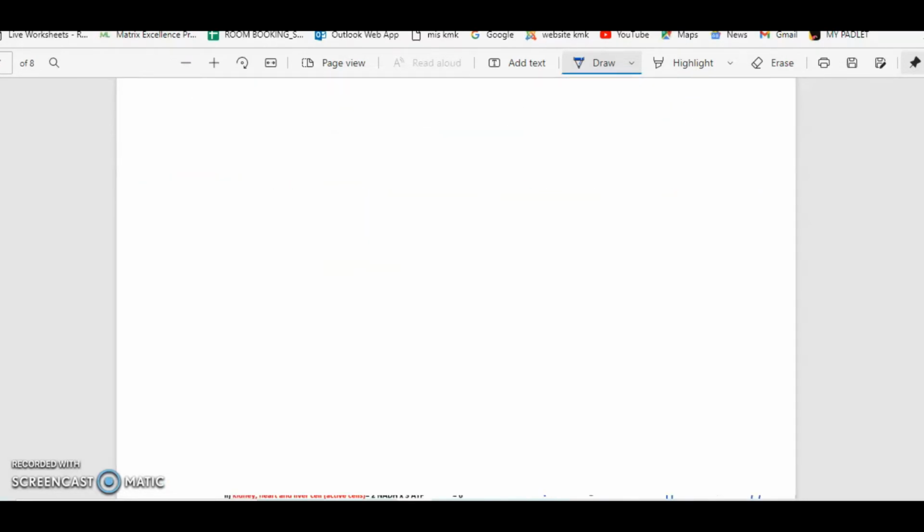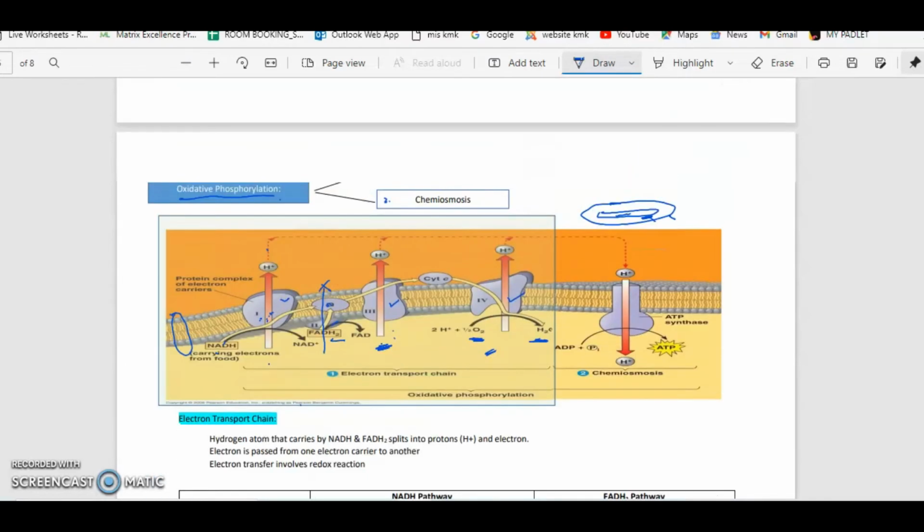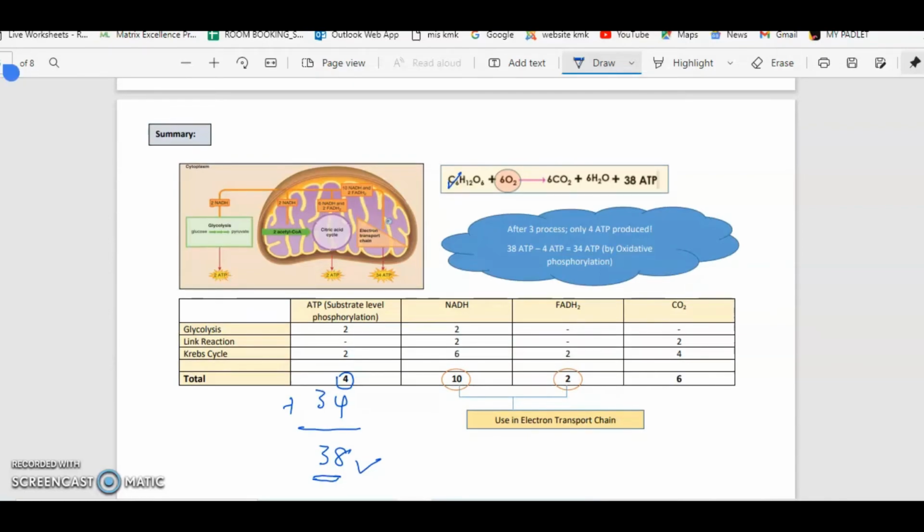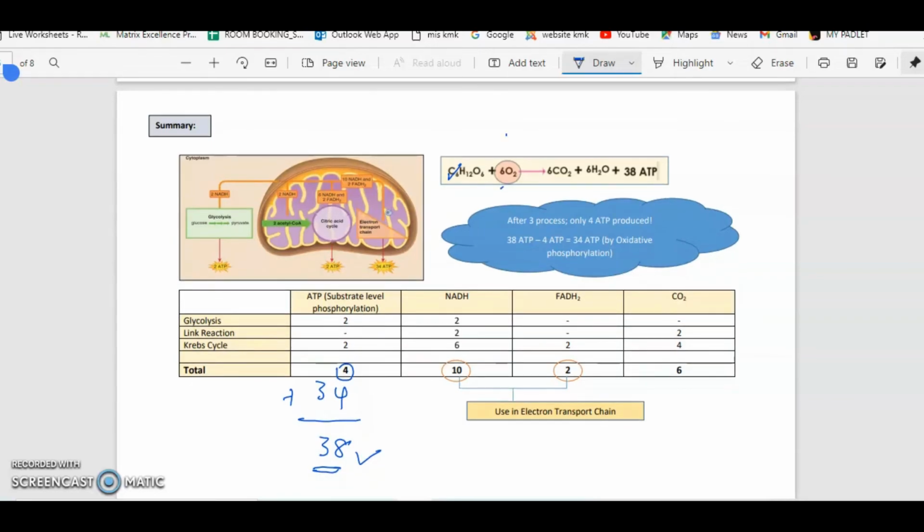Bila kita tengok balik equation, everything is complete now. The glucose is used in glycolysis. Oxygen is used during ETC. Carbon dioxide is produced during the ring reaction and also the Krebs cycle.